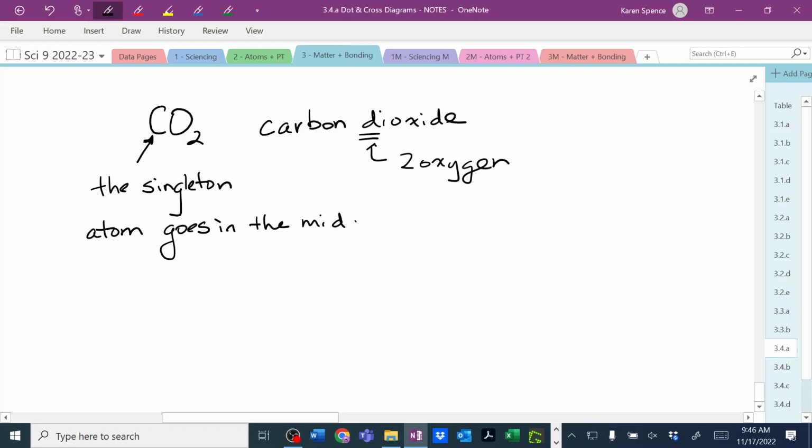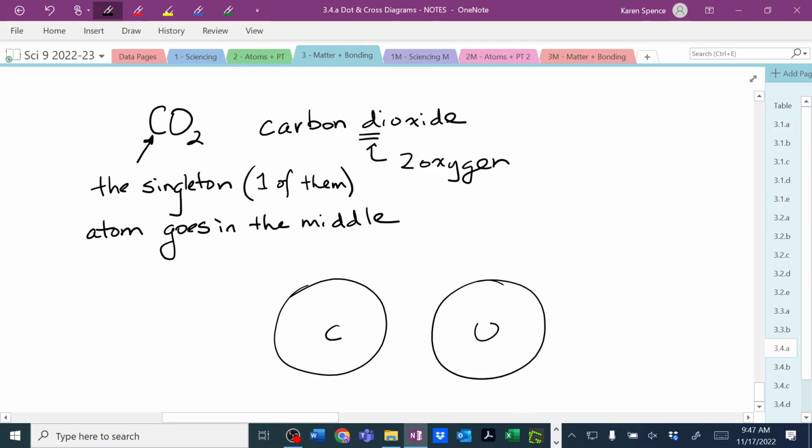What is a singleton atom? It's a lone atom, there's just one of them. So how many carbons are there in carbon dioxide? Just one. So we're going to put the carbon in the middle, and we're going to put the oxygens on either side.